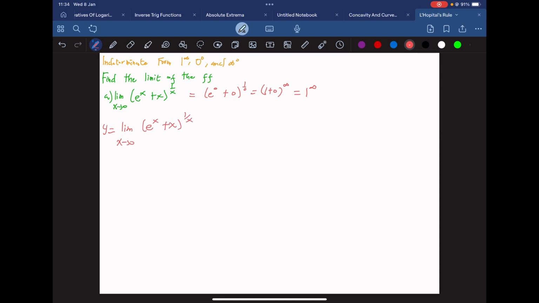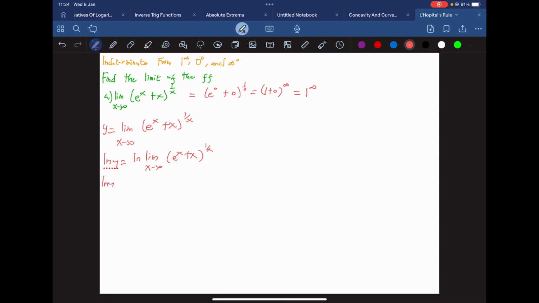After doing so, introduce natural log to both sides. One thing you have to notice now: natural log and limits are interchangeable.